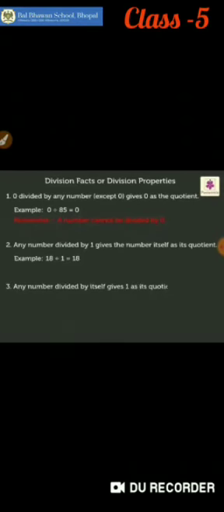Any number divided by 1 gives the number itself as its quotient. For example, 18 divided by 1 is equal to 18. 3. Any number divided by itself gives 1 as its quotient. For example, 26 divided by 26 is equal to 1.